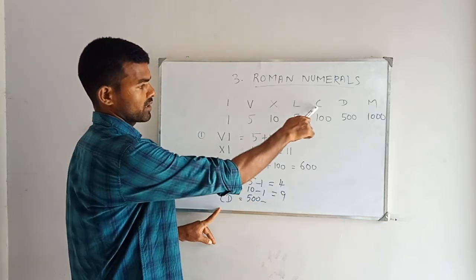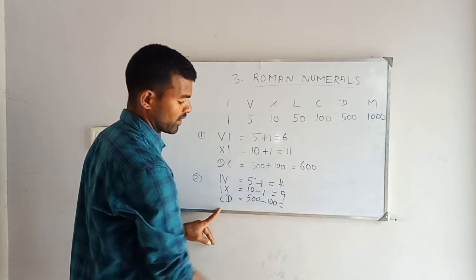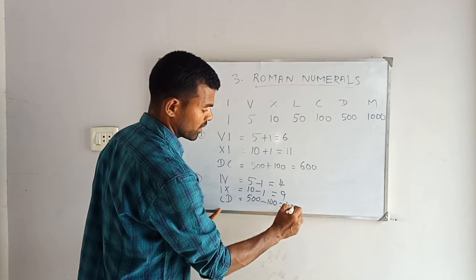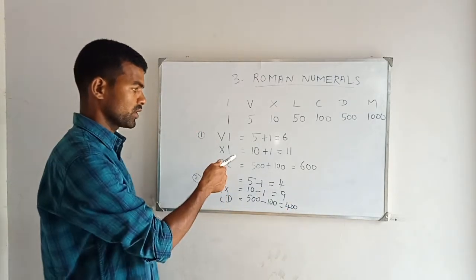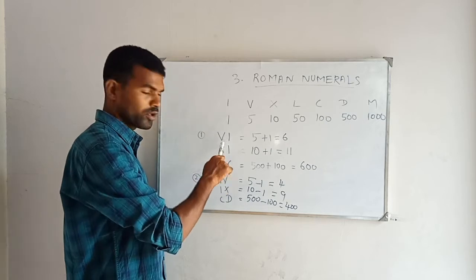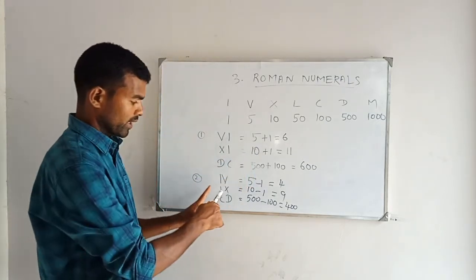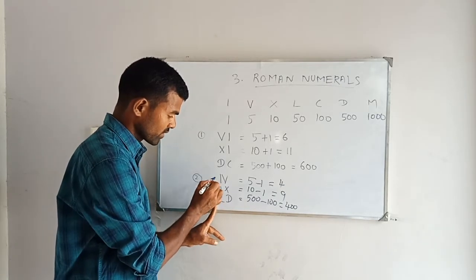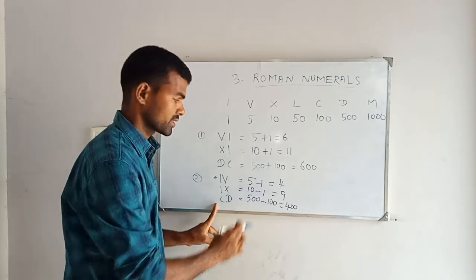C value is 100. 500 minus 100: if you subtract 100 from 500, you get 400. Do you understand this concept now? First rule: when you write the smaller numeral on the right side, you have to do the addition. Second rule: when the smaller numeral comes on the left side, you have to do the subtraction.